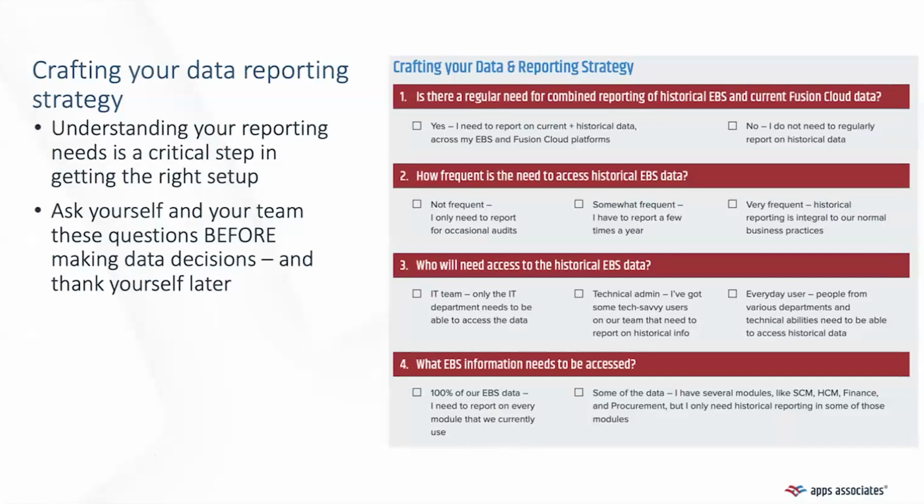As we discussed in earlier slides, based on your reporting needs, you need to think through how much historical data you want to report on based on your business requirements, what frequency you need the data at, how you are going to access that historical data, and what information needs to be accessed. Based on these factors, you can think about your analytical capabilities on Fusion SaaS.